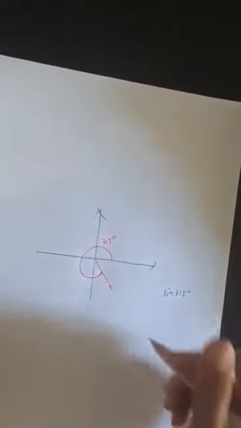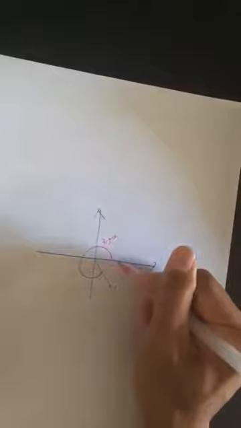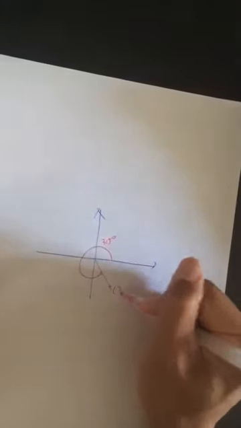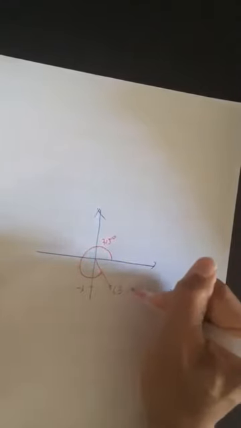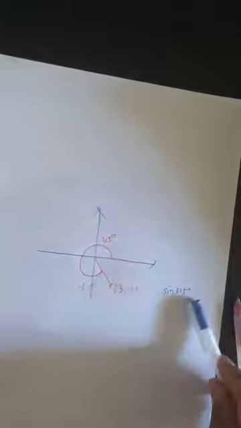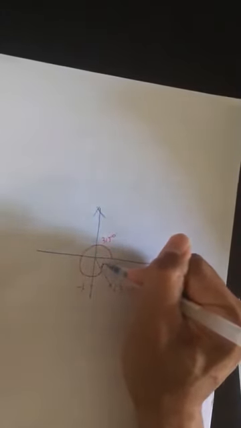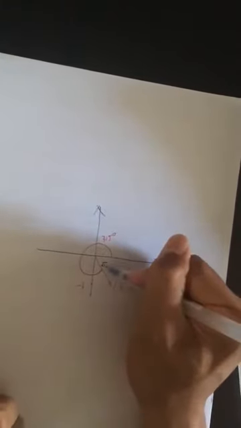For example, we have 315, and if we know the point, for example, here should be maybe around, let's say, x coordinate is 3, and the y coordinate here is negative 3. If I would like to find sine, after finding Pythagoras, I know this is root 18.